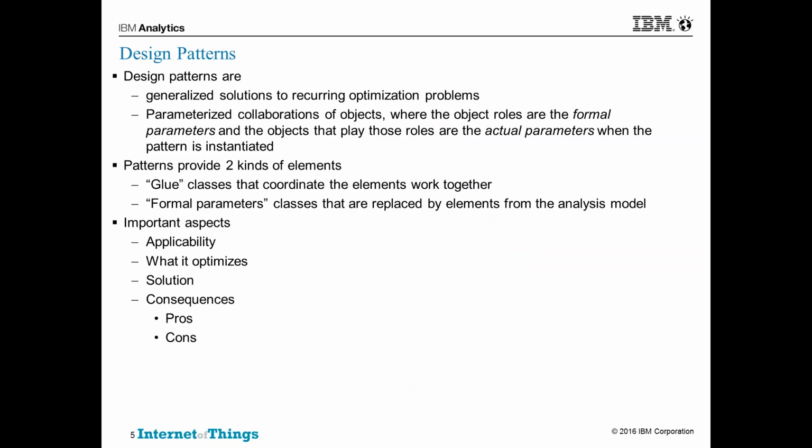So what actually is a design pattern? A design pattern is defined to be a generalized solution to a commonly occurring problem. What that means is that we solve a number of problems using a similar technique. We say, you know what, we just use the same kind of approach in all these different specific solutions.